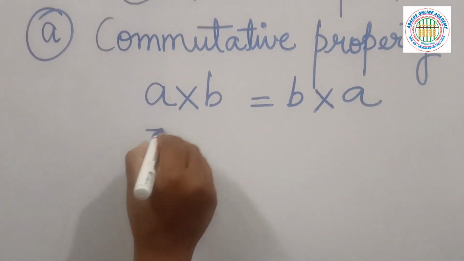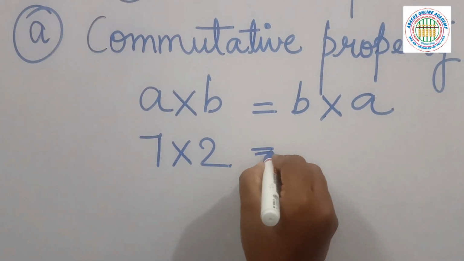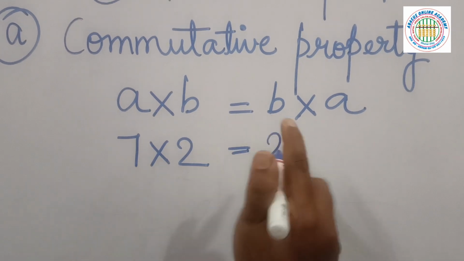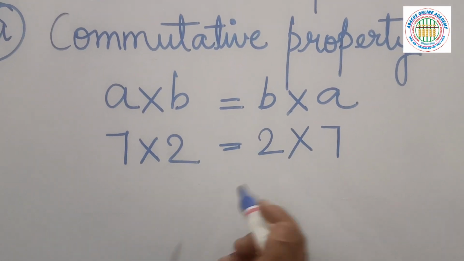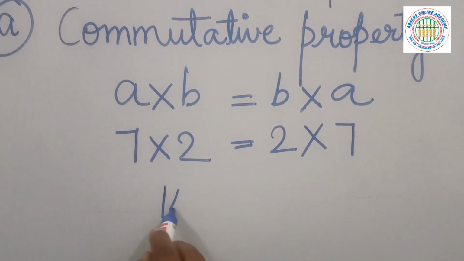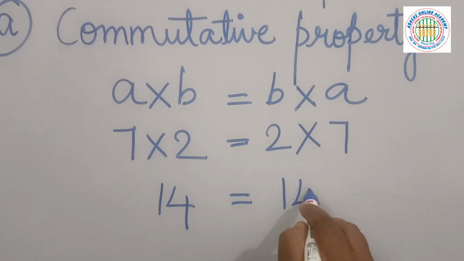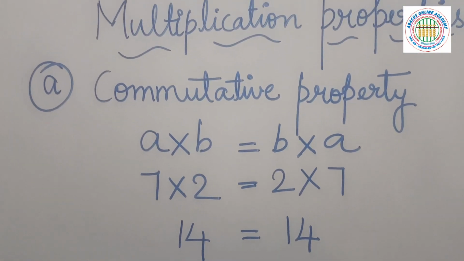Example, 7 multiplied by 2 is equal to, if you switch this number, that is write 2 first, then 7. 2 times 7 or 7 times 2, both are 14. 7 2s are 14 is equal to 2 7s are 14. So, commutative property applies for multiplication.